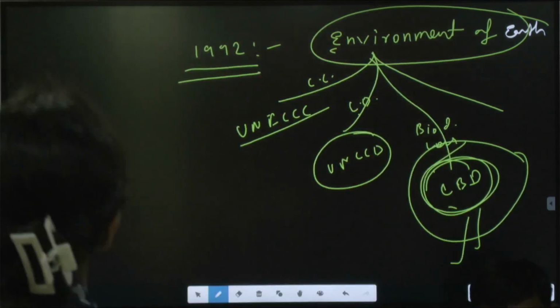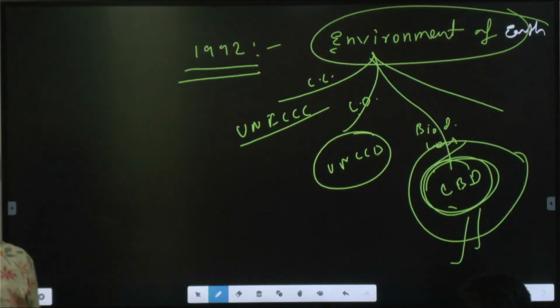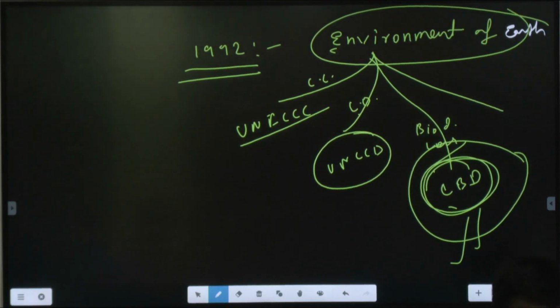From next line, please write down. Act also provides for constitution of State Biodiversity Board at state level.